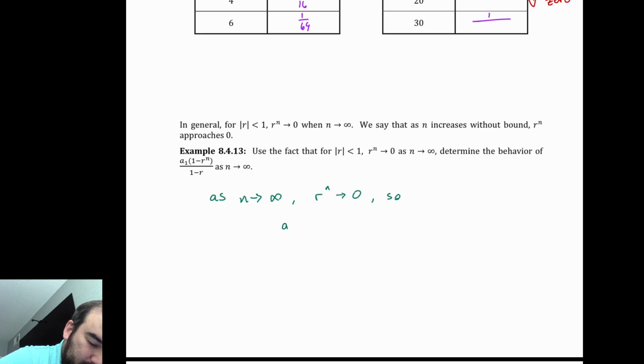So a1 times 1 minus r to the n divided by 1 minus r. This thing in here, the r to the n, will go to 0. So we can replace that with a 0.